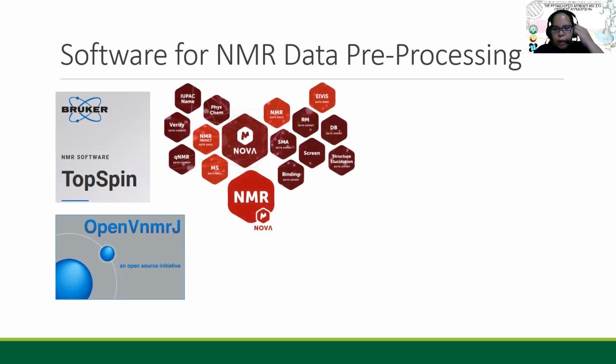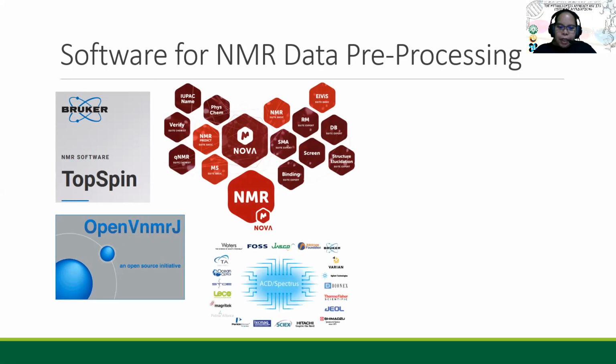And as mentioned, you have your Mestrenova suite of processing software, and they have specifically their own suite for NMR processing. You also have ACD Labs, so they have their Spectrus for the pre-processing and processing of your MS, NMR, IR, other spectroscopy data.